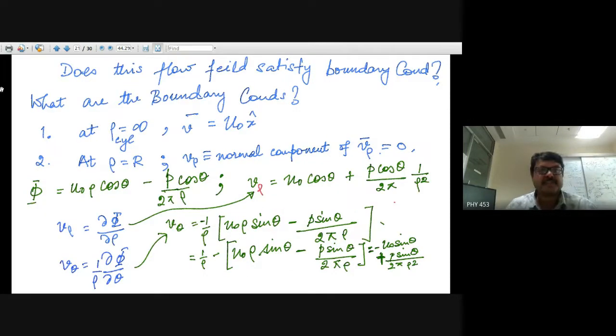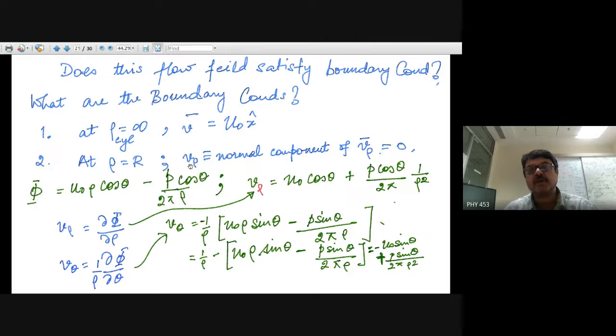Now the question is, does this flow field satisfy the boundary conditions? And what are the boundary conditions? The boundary conditions will be that at rho equal to infinity, very far away from the cylinder, the velocity field is flowing along the x direction. Near the cylinder, it has to pass around it, so the velocity field will be deformed. And at rho equal to r, the radius of the cylinder, there's no normal component.